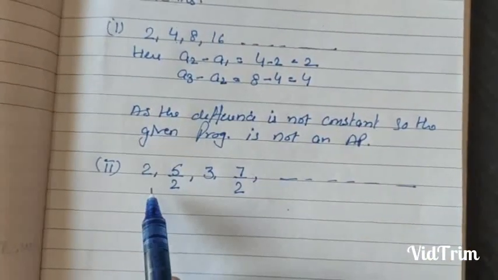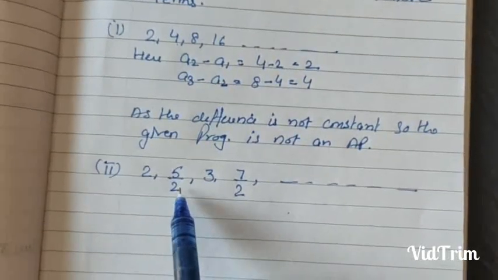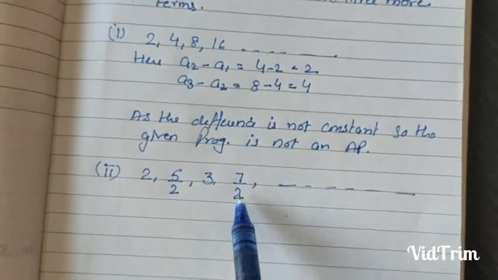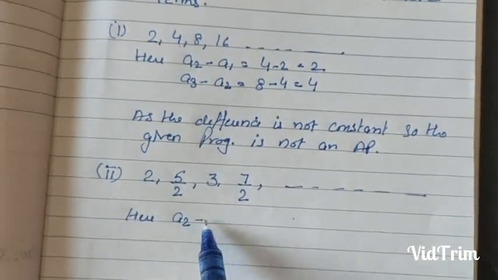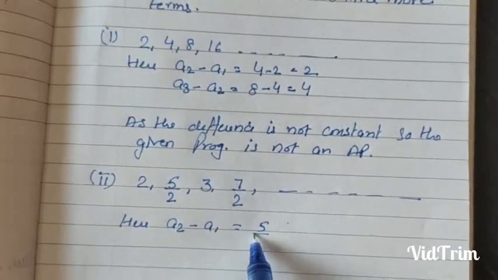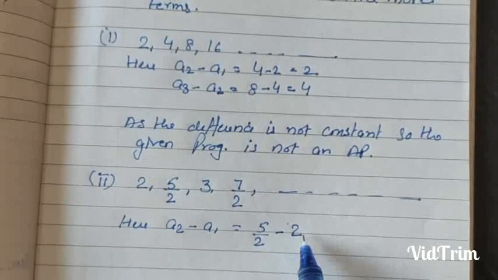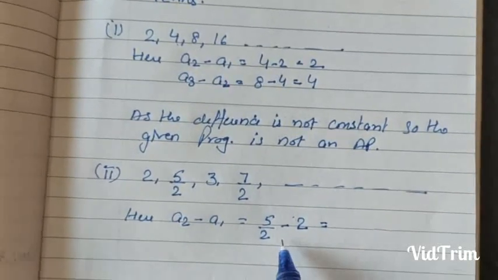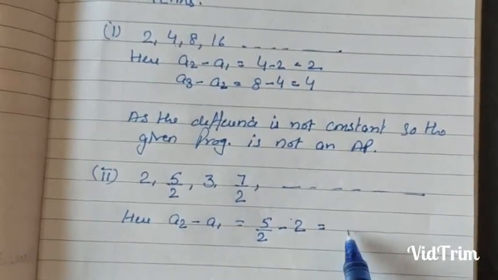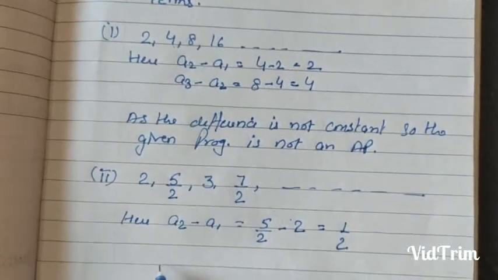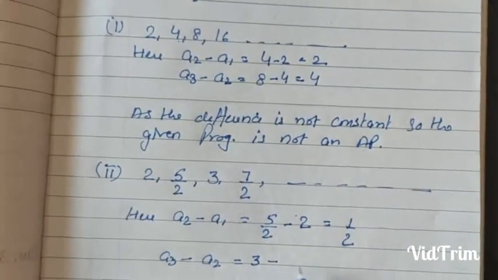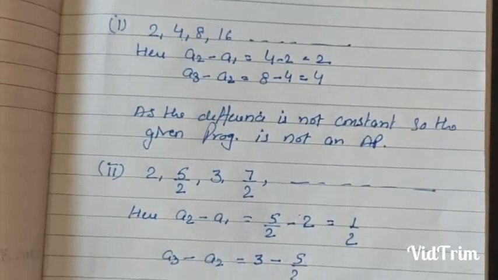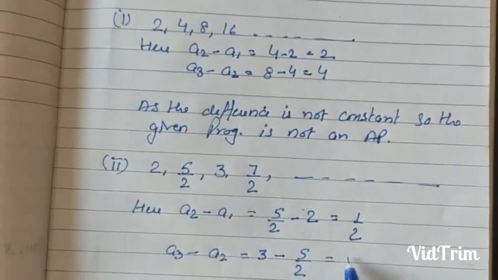In the next progression we have 2, 5 by 2, 3 and 7 by 2. Here for the difference of consecutive terms, A2 minus A1 is 5 by 2 minus 2, which becomes 5 minus 4 over 2, that is 1 by 2, and A3 minus A2 is 3 minus 5 by 2, which becomes 6 minus 5 over 2, that is 1 by 2.